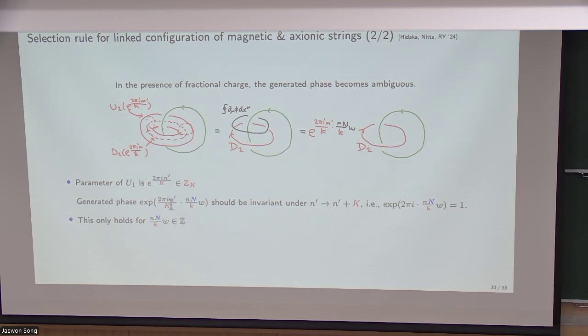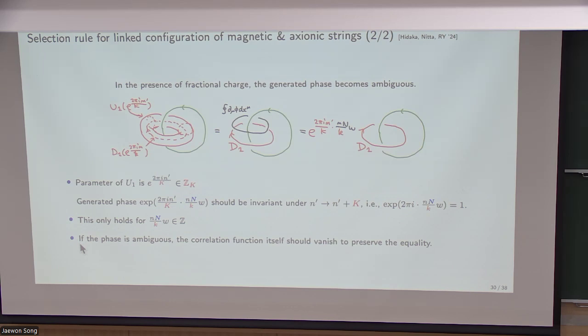This can be obtained by just replacing n' with capital K. So this is 2 pi i times this term. The condition holds only if this parameter is an integer.